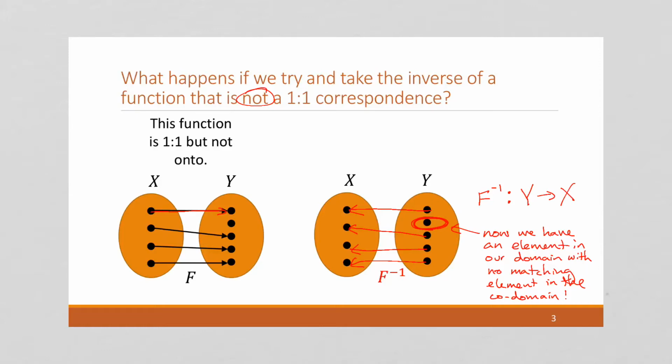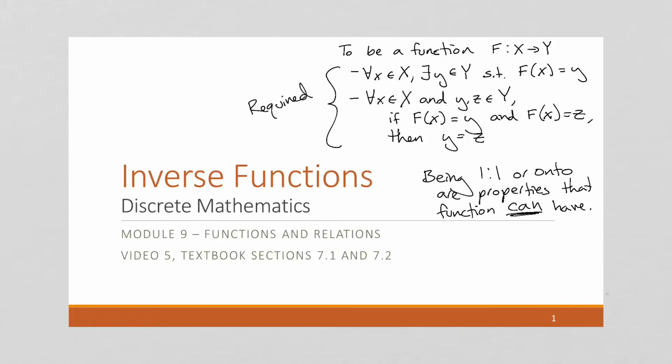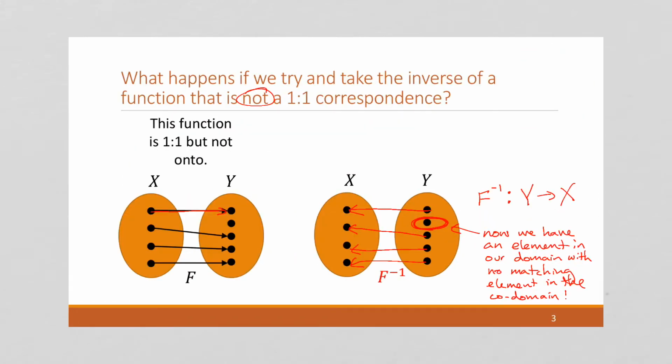If we go back to the very first page, that violates the requirement that for every element of our domain, there exists a matching element in our codomain. Which means this is not a function. So f to the negative 1 is not a function. This is a fail. We can't do this.